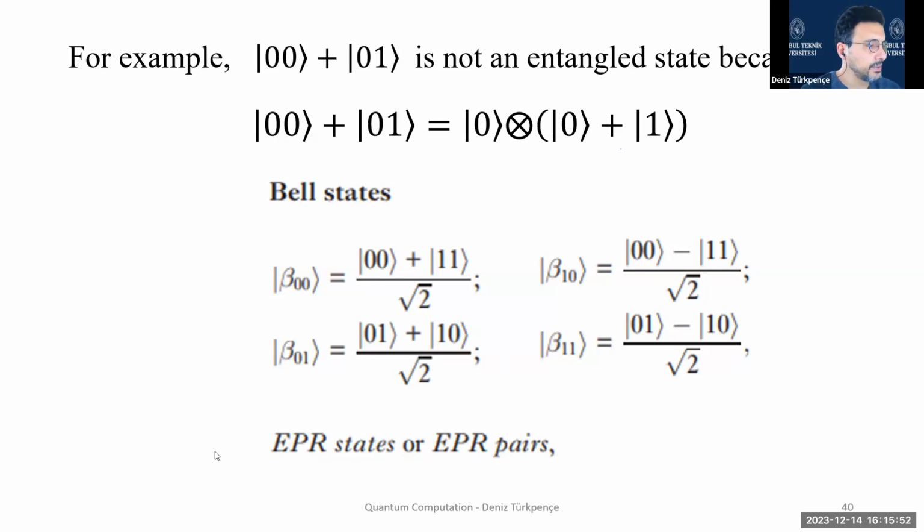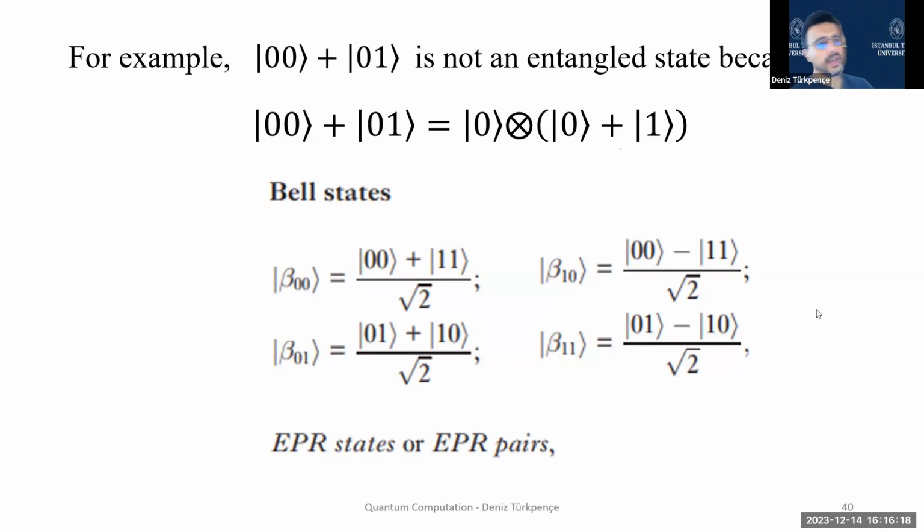These are special four states in two qubit form, which are called Bell states. In fact, they are also called maximally entangled states up to some reason, okay? Or EPR states, okay? So these are entangled states.